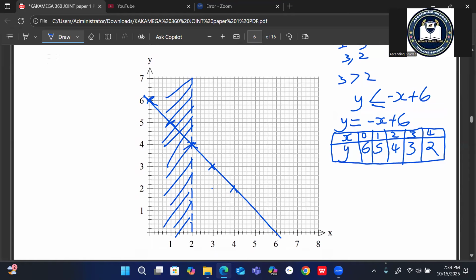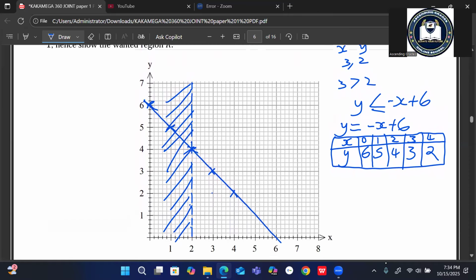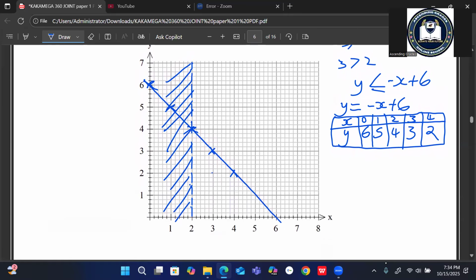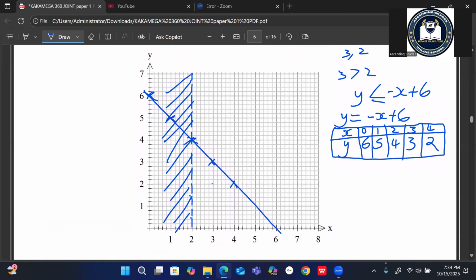Now, the side that you're going to shade. You decide to take any coordinates of one point. You may decide to take one far from the line. So that is 5, 2. This is our x, this is our y. So y is less than or equal to negative x plus 6.